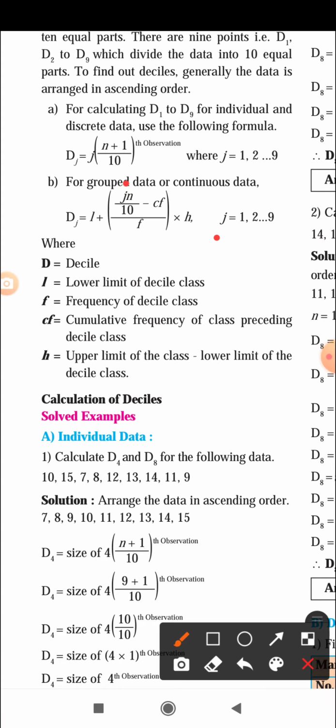So for deciles under continuous series, if we take the formula for D2, in place of J we write 2, and here we also write 2: 2n upon 10 minus Cf upon F into H.